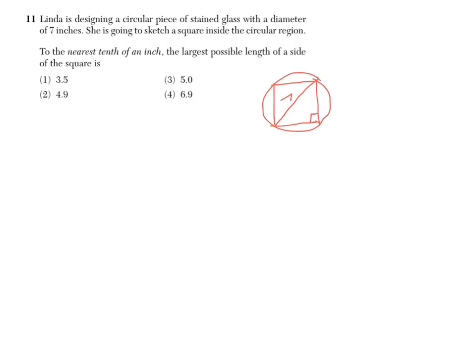And to the nearest tenth of an inch, the largest possible length of the side of the square is... So since we know that a square has the same values for the legs, or the sides in this case, I can plug it into a squared plus b squared equals c squared, the Pythagorean theorem, and get 2x squared is equal to 49.